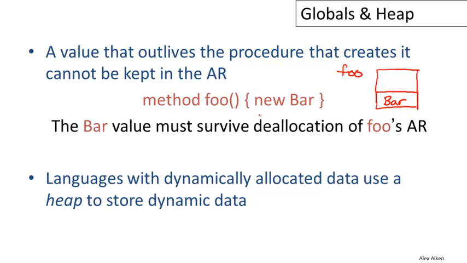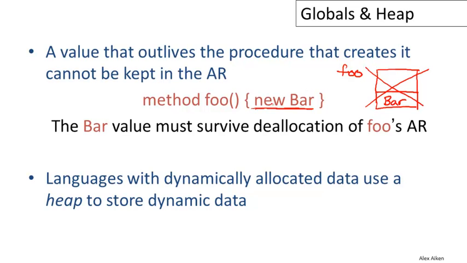And now when this method returns, of course the activation record will be deallocated, and so the bar object will also go away. But that won't work here because notice that the dynamically allocated object, the object we allocated during the execution of foo, is also the result of foo. And so this has to be accessible to foo's caller after foo exits.